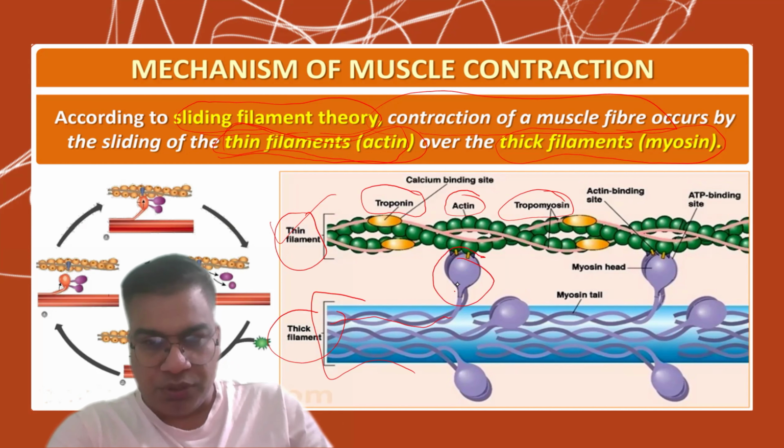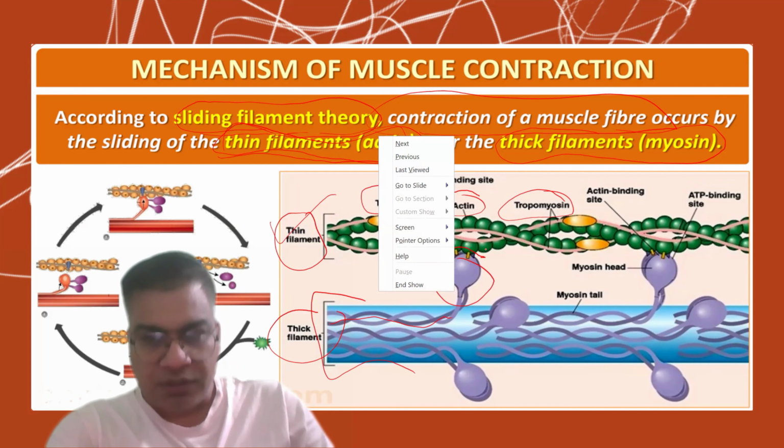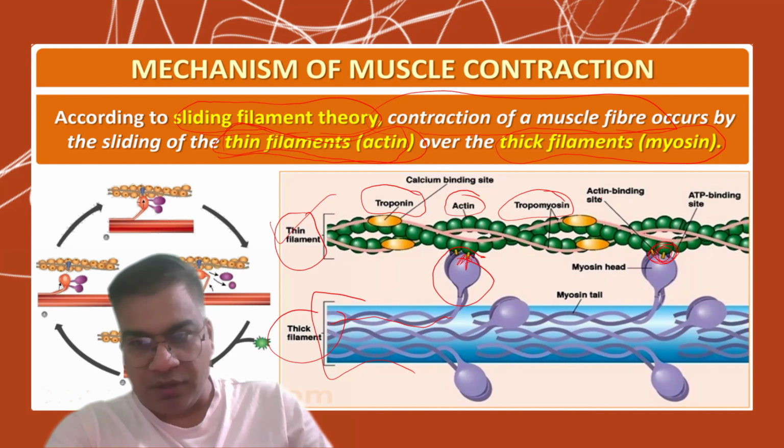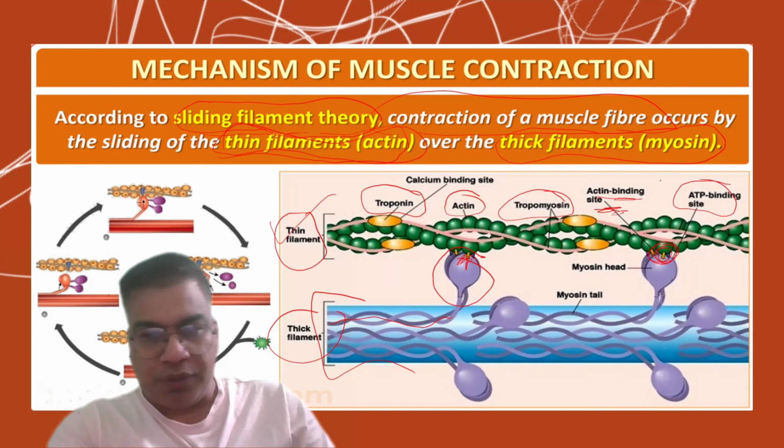This head portion gets attached to the actin protein, where there is an actin binding site and an ATP binding site, because sliding of the actin filament over the myosin filament requires ATP.